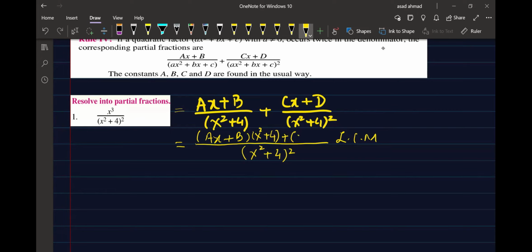For the second term, cx plus d will remain, because x square plus 4 whole square will be cancelled with the denominator, and we will have the same term on the left hand side as mentioned at the start of the question.